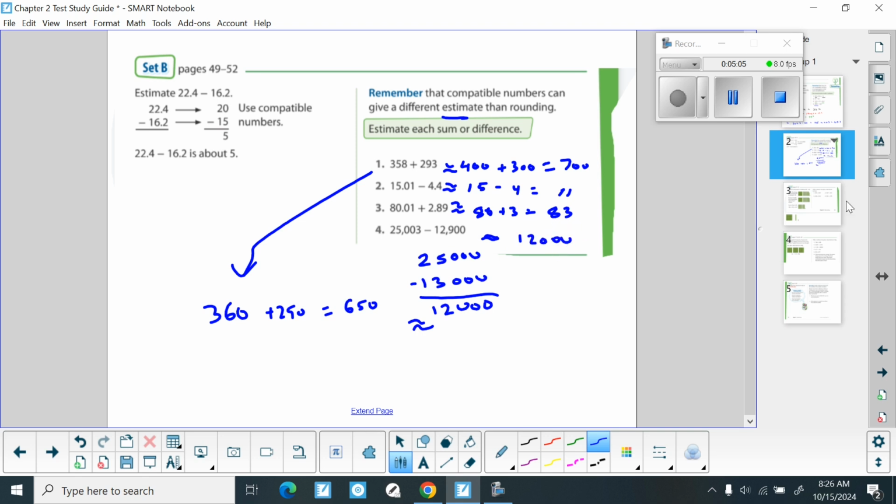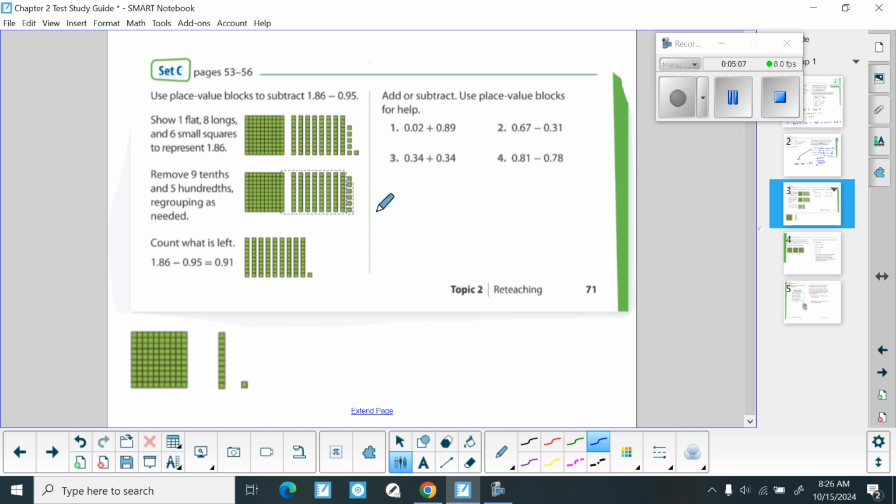All right, for this next section, they want you to use the place value blocks. Okay, so for example, 1.86 is one whole, so that's one whole, and then there are 8/10. If you take a look, 1, 2, 3, 4, 5, 6, 7, 8/10, and then 6/100. That's where 1.86 or 1 and 86/100 come from.